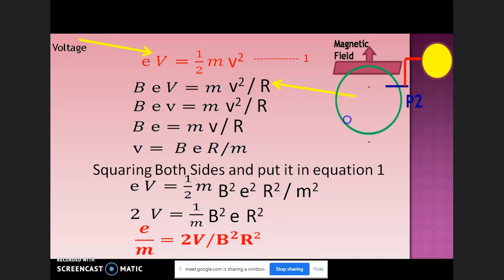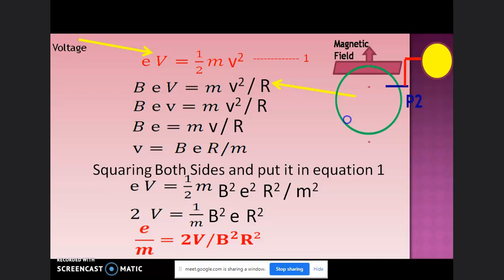If we put this v square value in equation 1, we observe that eV is equal to half m times B square e square r square by m square. So the e's get cancelled, and we get 2V is equal to 1 by m, B square e r square.